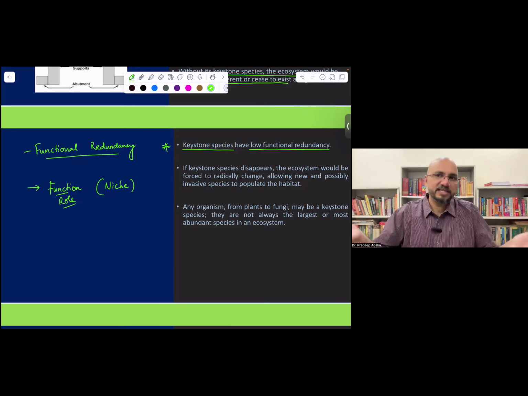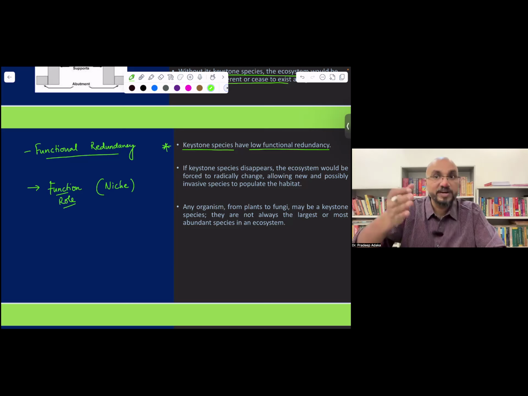If other species are also playing the same role, for example, pollination: honeybees are pollinating, birds are pollinating, bats are pollinating. Then multiple species are performing the same role, which means the functional redundancy is higher. If one species disappears, the process will not stop, because other species will pollinate. But keystone species have low functional redundancy.